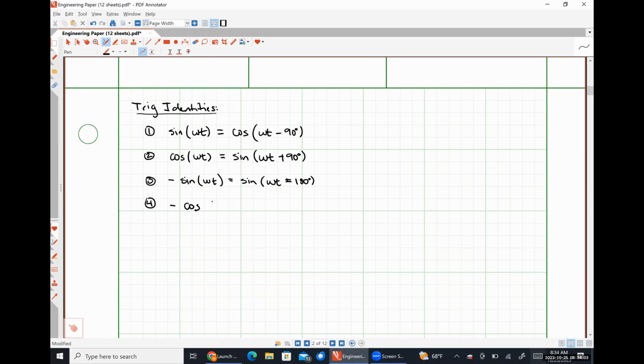And negative cosine omega t is equal to cosine omega t plus or minus 180 degrees.